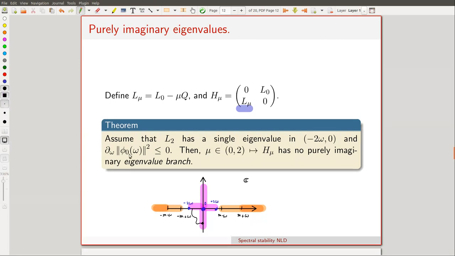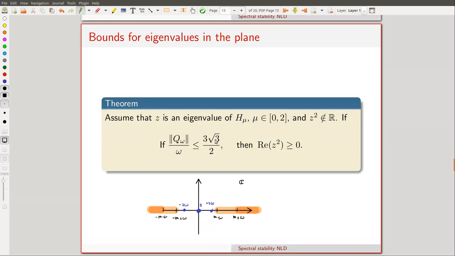This part is more like linear algebra and matrices and things like that, and multiplicities. And this one is just, if z is an eigenvalue that is not on any of the axes, z squared is not real. And if this perturbation part Q, depending on omega, is sufficiently small, quantitatively sufficiently small, then the real part of the eigenvalue should be positive.